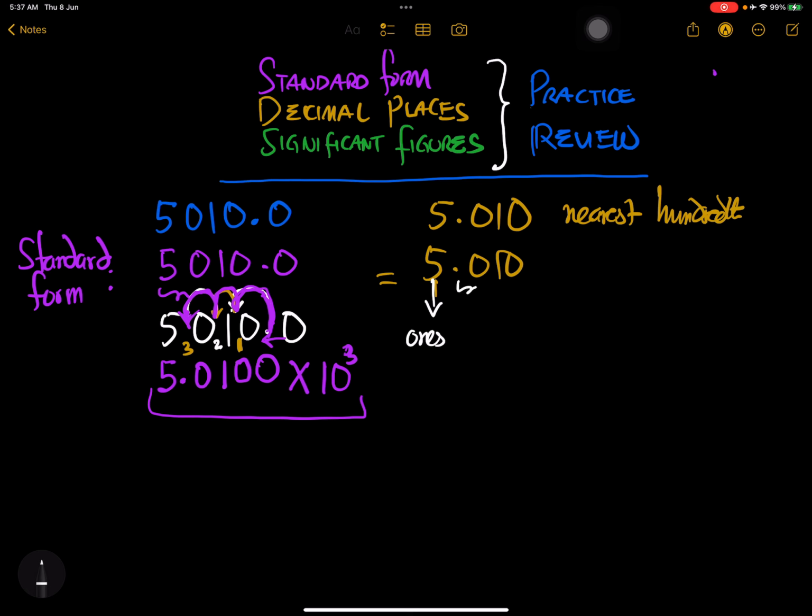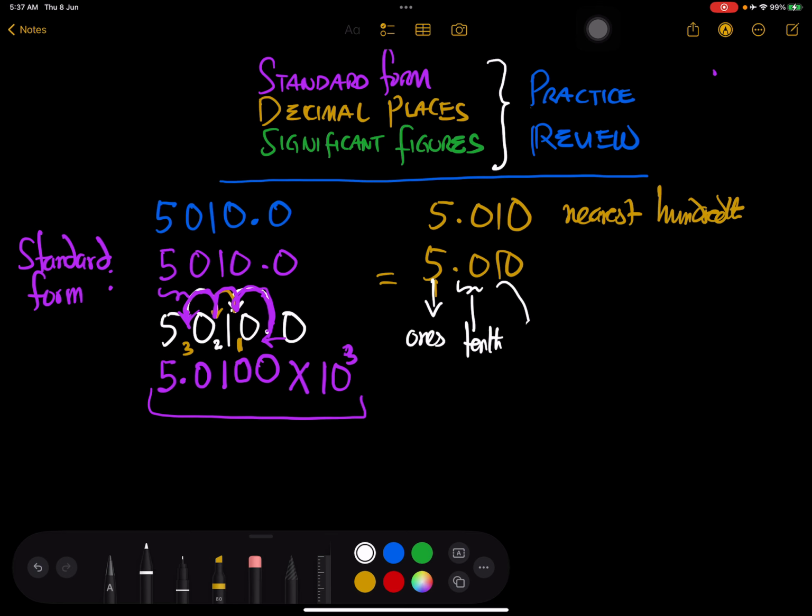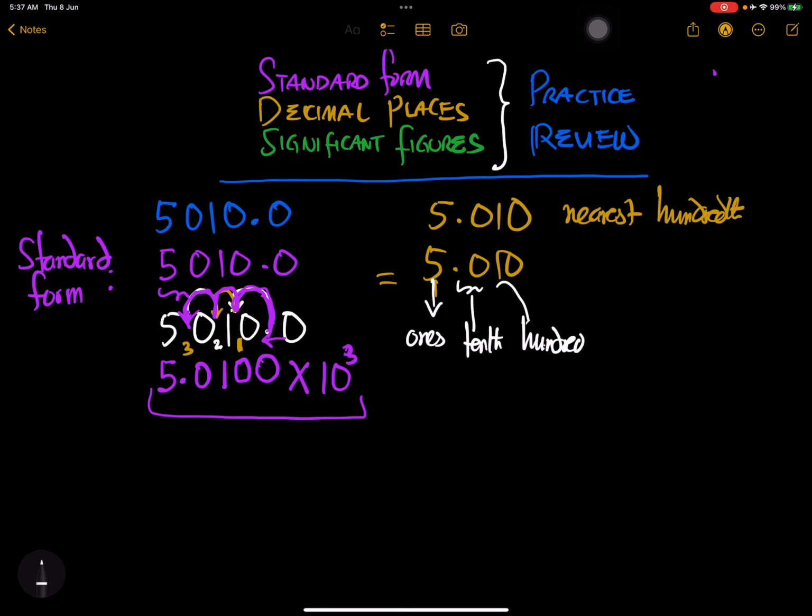But right after the decimal point, we have the tenths, and then the hundredths. Remember, the tenth is the first decimal place, and the hundredth is the second decimal place.